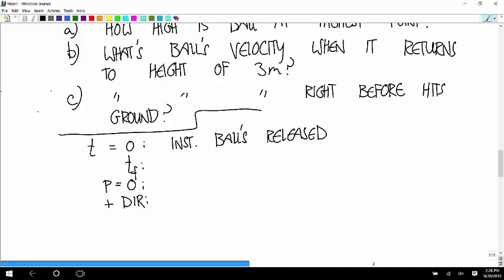Well, so this is the first one that we've done where parts A, B, and C, we're going to have to make different choices for time final. So, yeah, so we want to choose for time final when the ball is at its highest point. If we don't choose that for time final, we don't have any way of calculating anything at that instant.